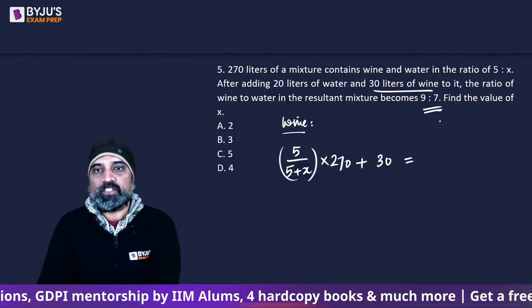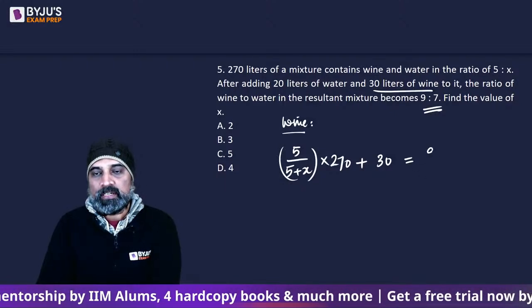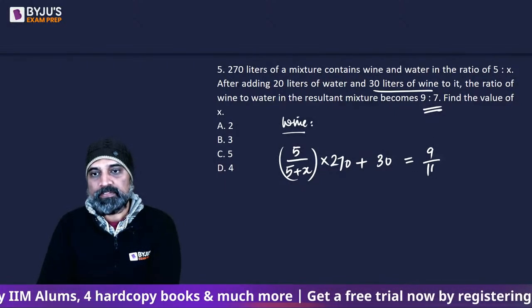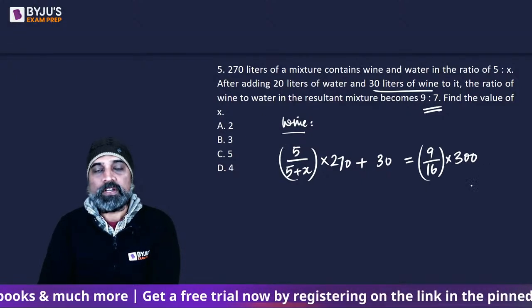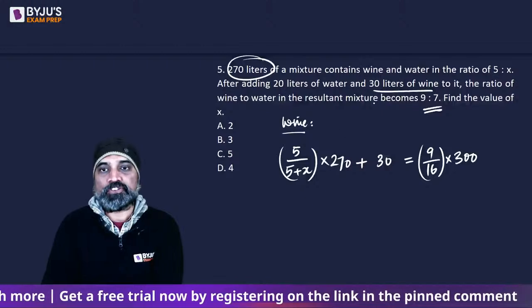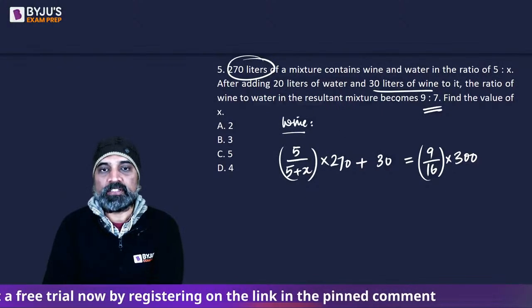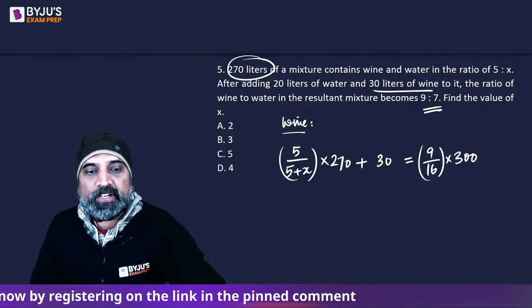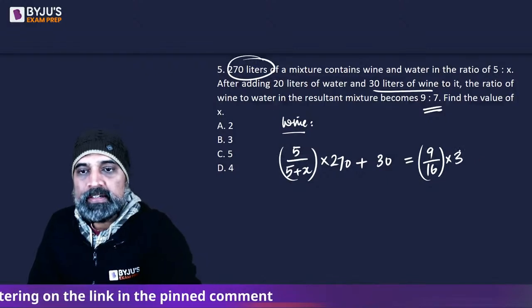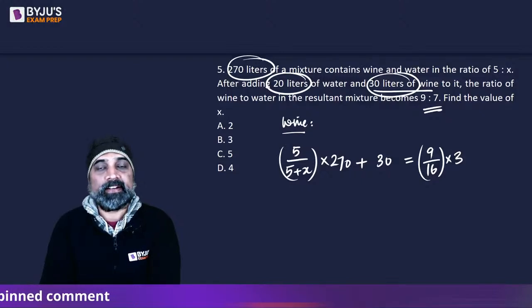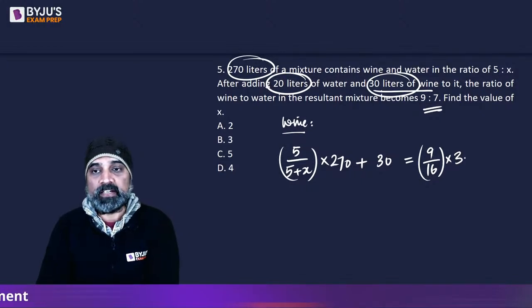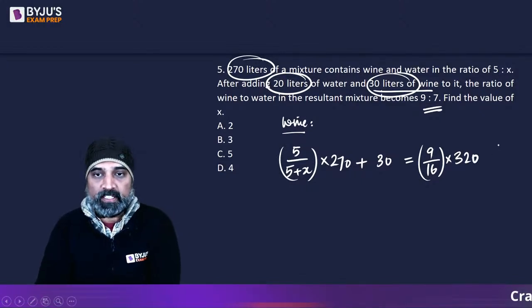The final wine to water mixture becomes 9 by 9 plus 7, 16 of 300. Because initially we had 270 liters of mixture and then 30 liters, sorry, not 300, 320. Then 20 liters of water is added and 30 liters of wine is added. So 270 plus 20 plus 30, that is 320 liters is finally what we're going to have.